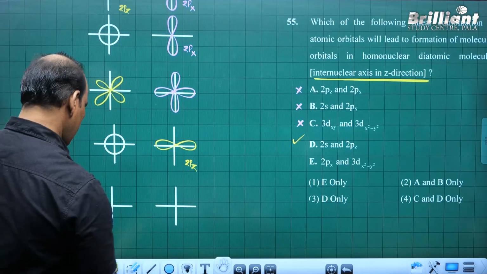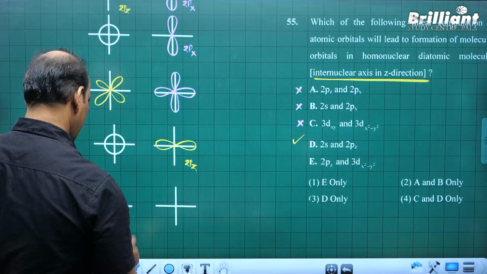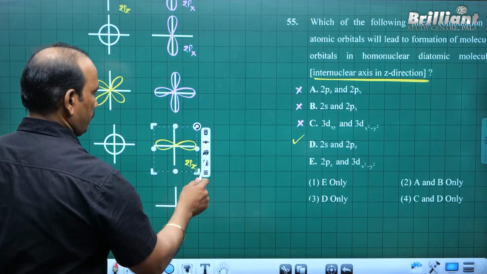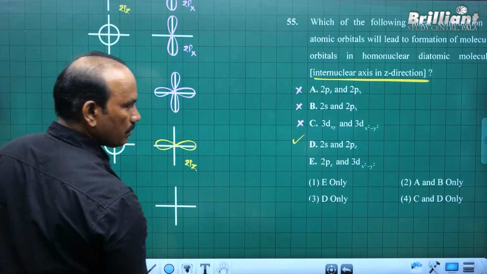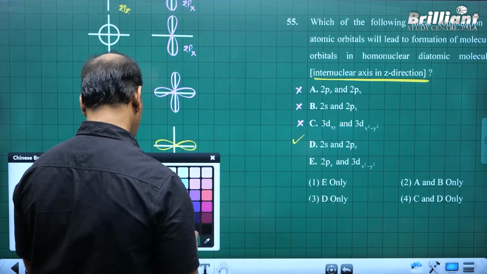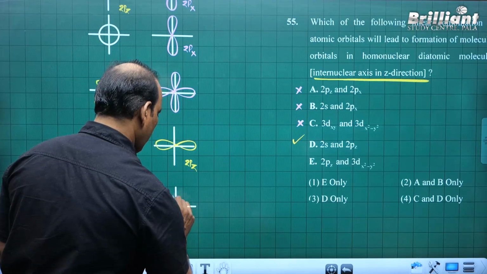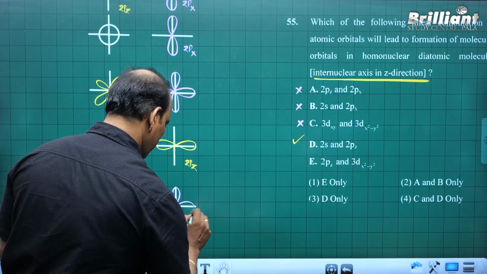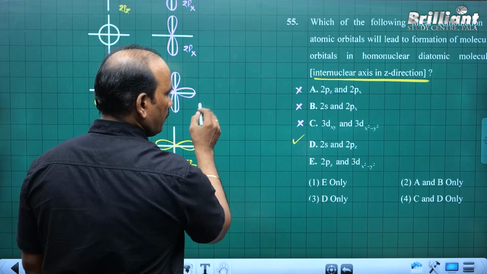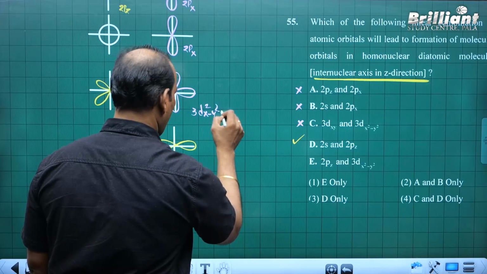Next one is 2pz and x square minus y square, this is 3d x square minus y square.